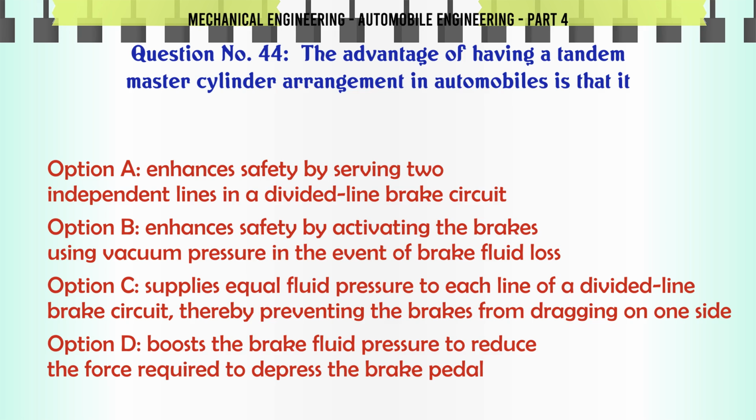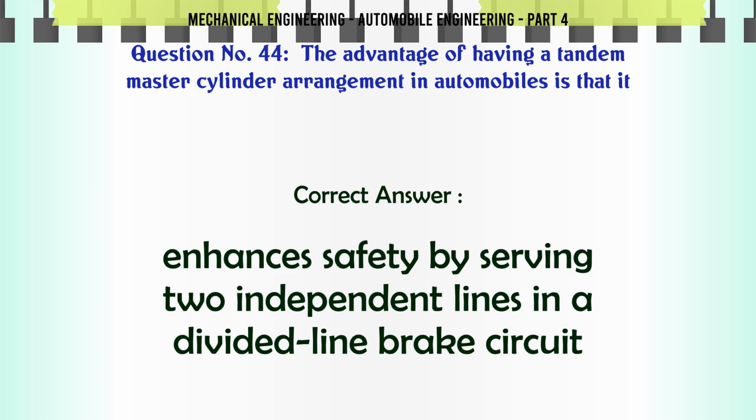C. Supplies equal fluid pressure to each line of a divided line brake circuit, thereby preventing the brakes from dragging on one side. D. Boosts the brake fluid pressure to reduce the force required to depress the brake pedal. The correct answer is: enhances safety by serving two independent lines in a divided line brake circuit.